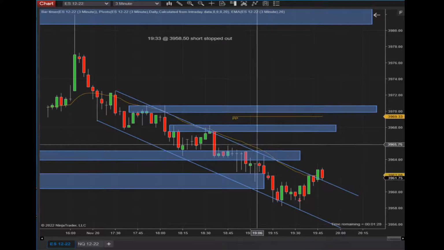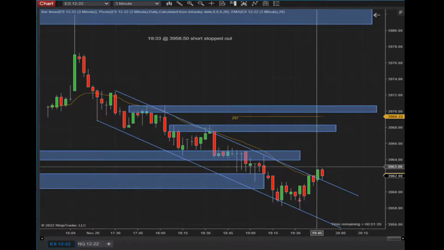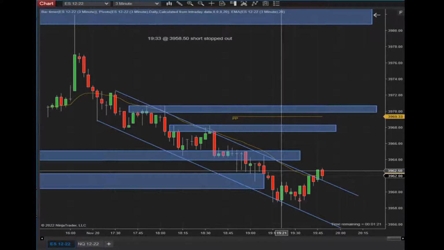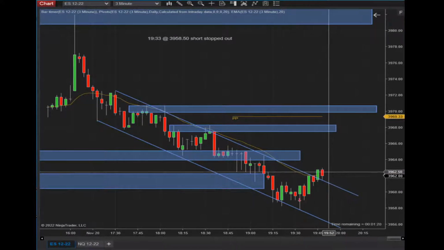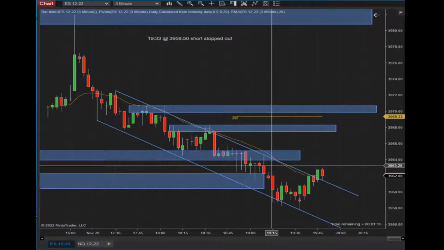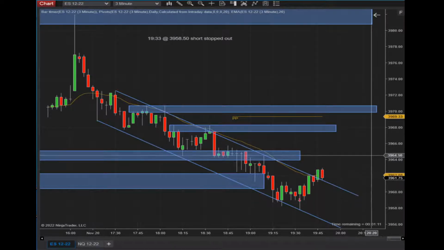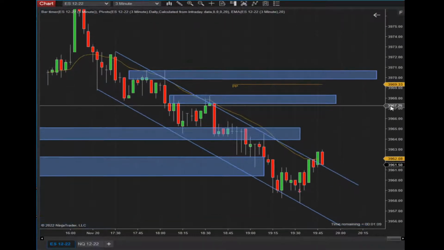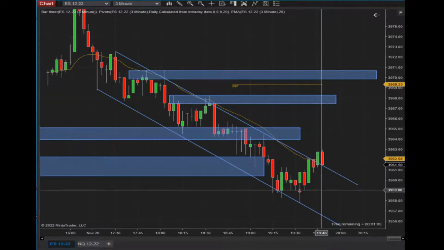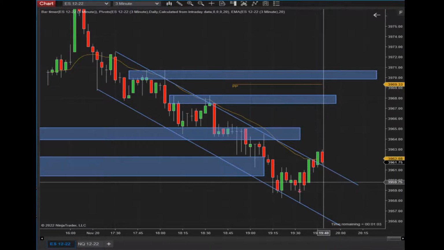We still got a minute and a half left. If it comes down and kind of gets rejected, it stays around this area, I think I'm going to try and take this long for a point, sneak a point out of it. But if this thing just comes all the way down, obviously I'm not.